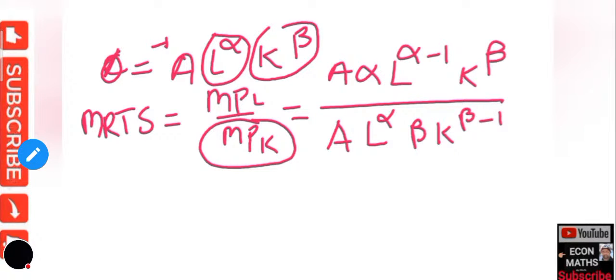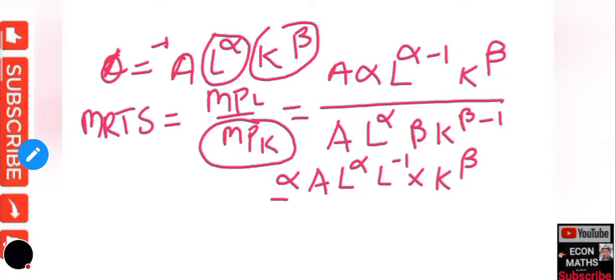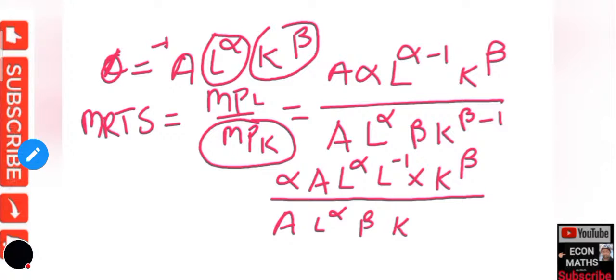Now further solving this, we can write it as alpha A L to the power alpha, L to the power minus 1, times K to the power beta, divided by, similarly, A L to the power alpha times beta K to the power beta, and we can write K to the power minus 1.